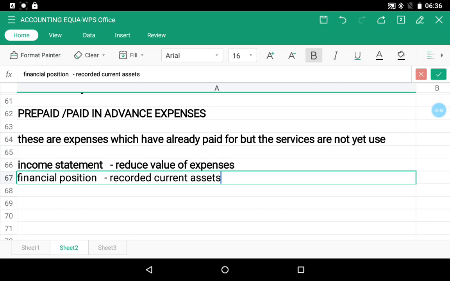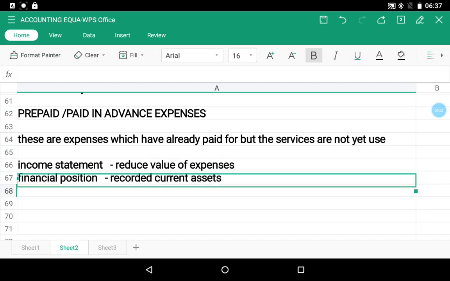And then under financial position, they are recorded under current assets, because yes, they are no longer in your hands, but you still count them as your money in business, even though you have not yet used them. You still have that hope that you have your balance of money, the one we paid for rent. That's why they are recorded under current assets.